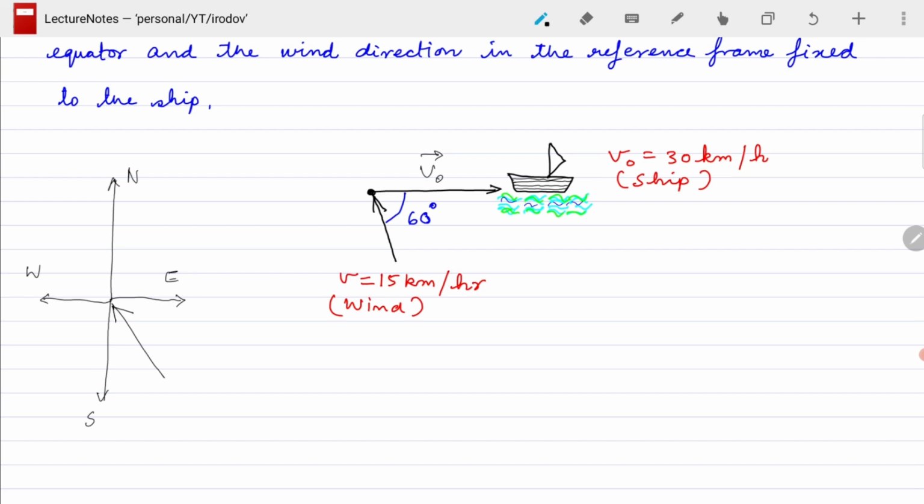Here we have this arrow, the velocity vector V of the wind, blowing at a speed of 15 kilometers per hour, and the angle which it makes with the equator is given as 60 degrees. We have to find the wind velocity V dash relative to the ship and the angle of this velocity.